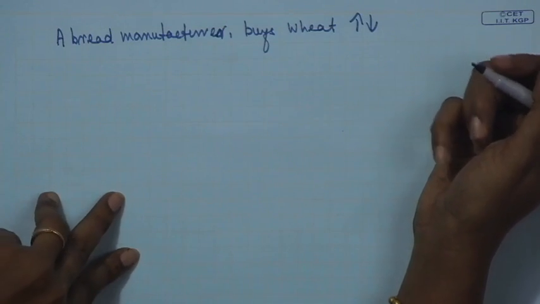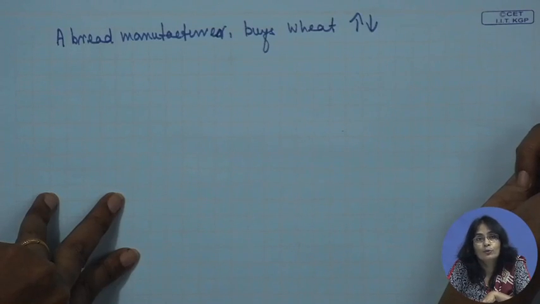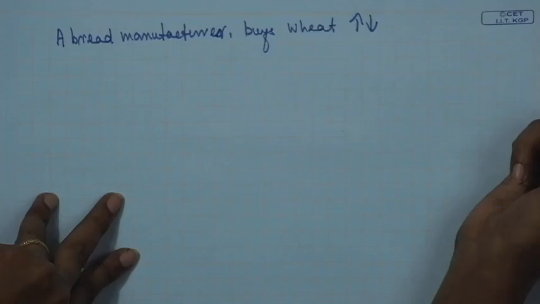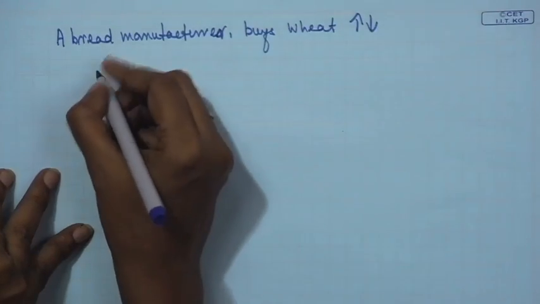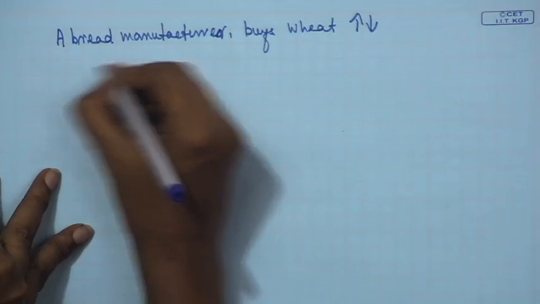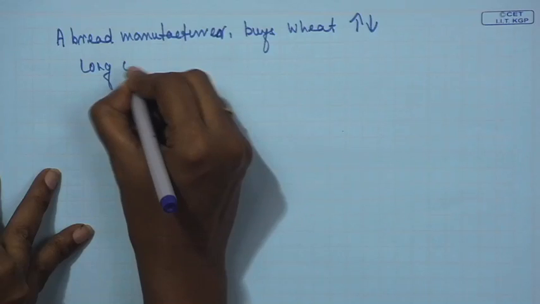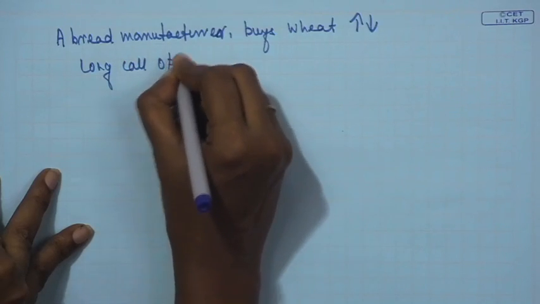If the price goes down, he will be very happy. If the price goes up, he will be unhappy. So to take insurance against this risk, he may enter into a long call option to buy wheat.